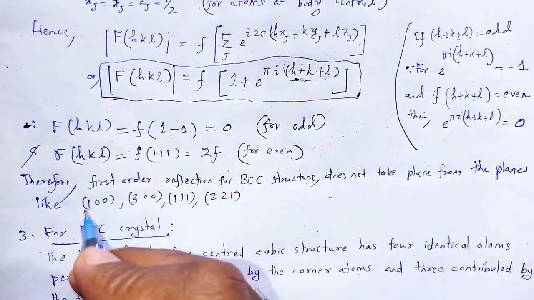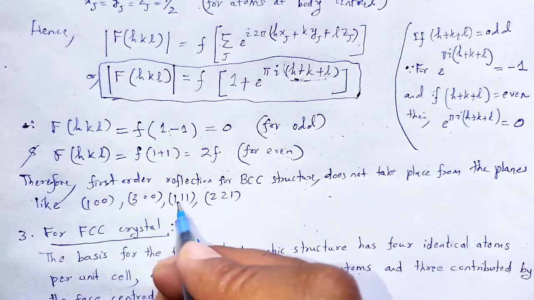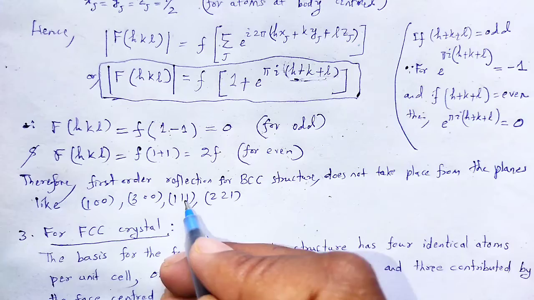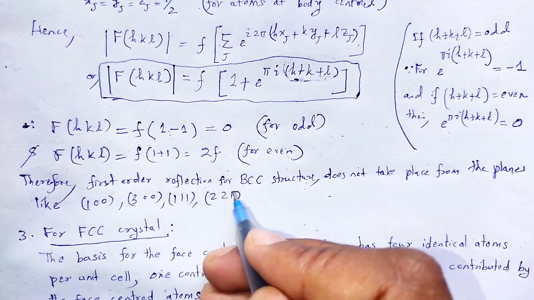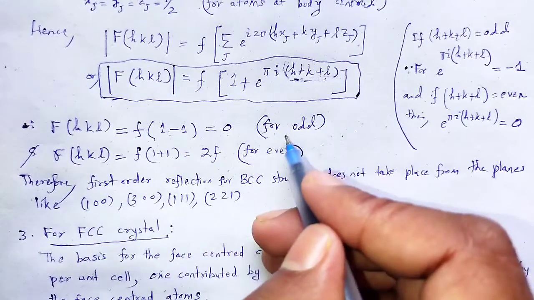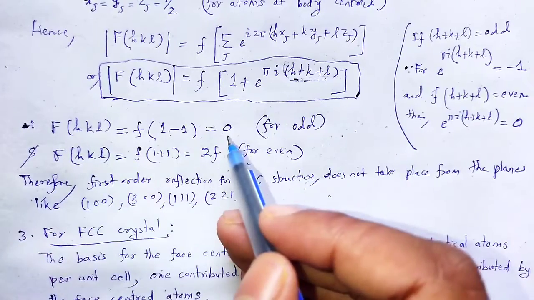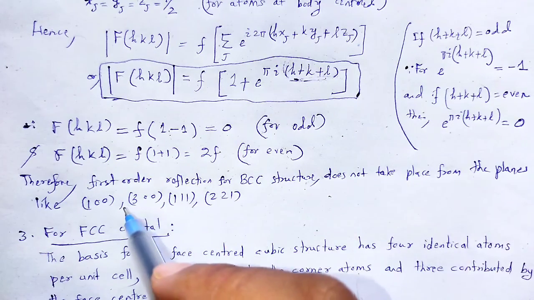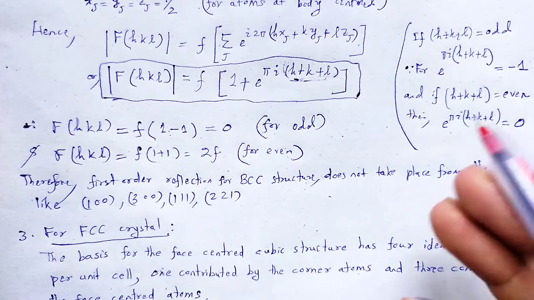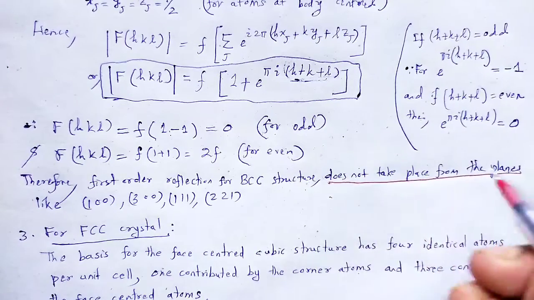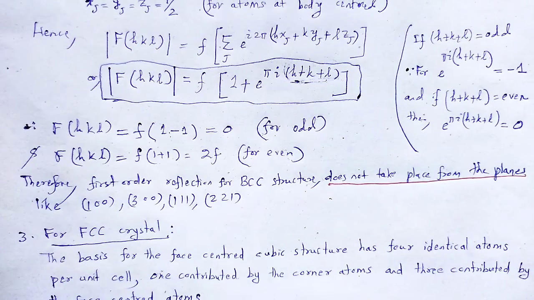For 1 0 0 the sum will be 1, 3 0 0 sum 3, 1 1 1, 1 plus 1 plus 1 is 3, 2 plus 2 plus 1 is 5, all are odd. For odd, F will be 0. Therefore, it does not take place for these given planes.